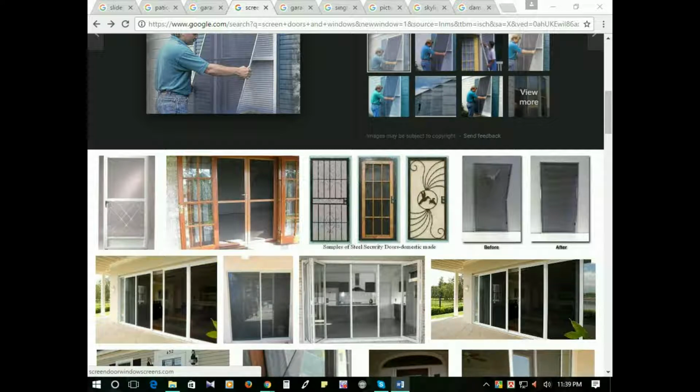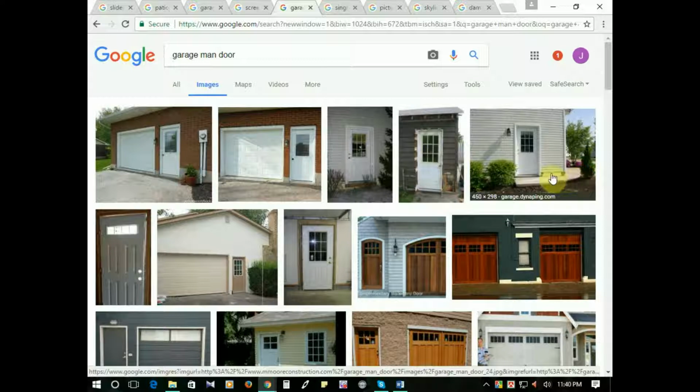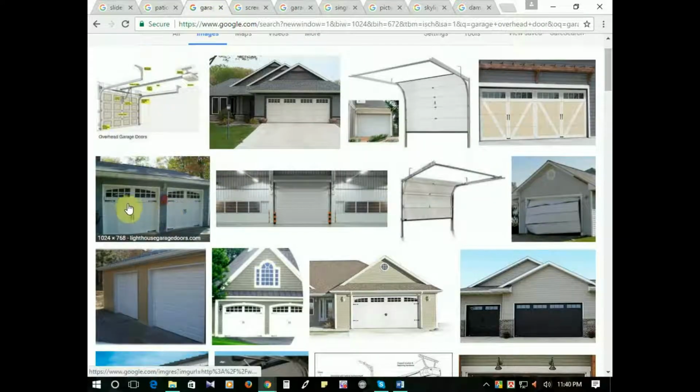Many houses will also have a garage to park cars. Garage can either be attached to the building or be a detached separate structure. A garage will have a garage overhead door, and the usual measurement for a garage overhead door is 10 feet by 7 feet.